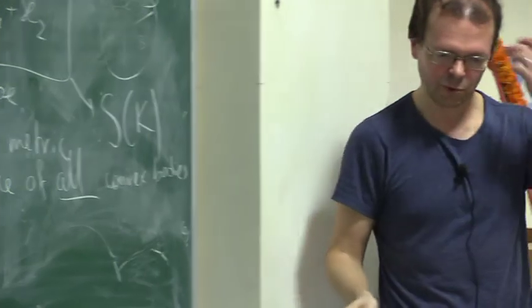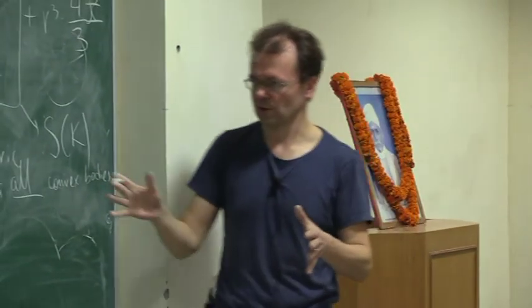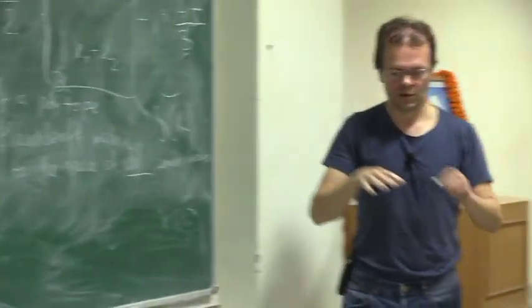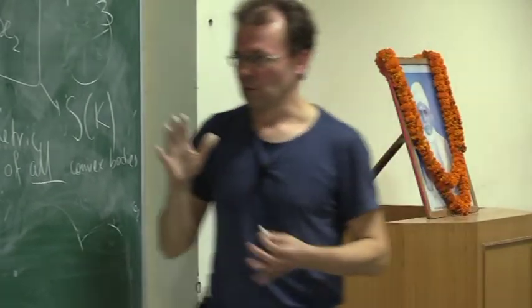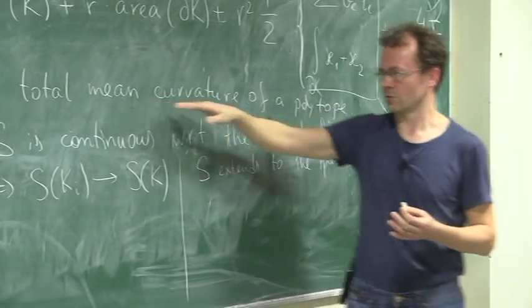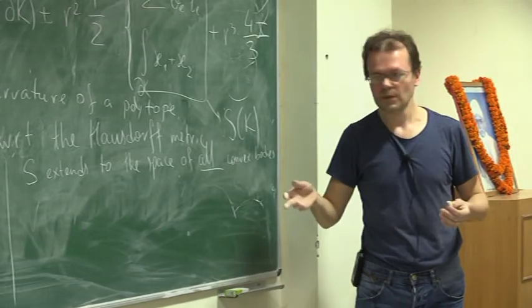So for any convex body, whatever its boundary is, it is possible to define a sort of total mean curvature, the integral of the mean curvature for its surface. And one should be careful here. The curvature is not defined pointwise. The curvature is defined only as a measure.